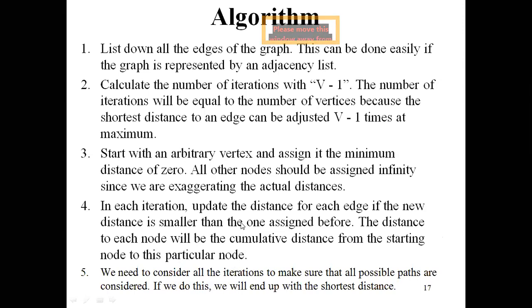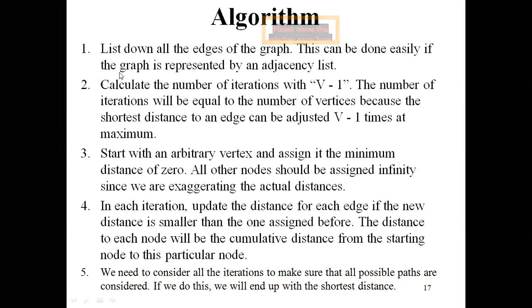We need to consider all the iterations to make sure that all possible paths are considered. If we do this, we will end up with the shortest distance. This is a simple and easy way of understanding the Bellman-Ford algorithm.